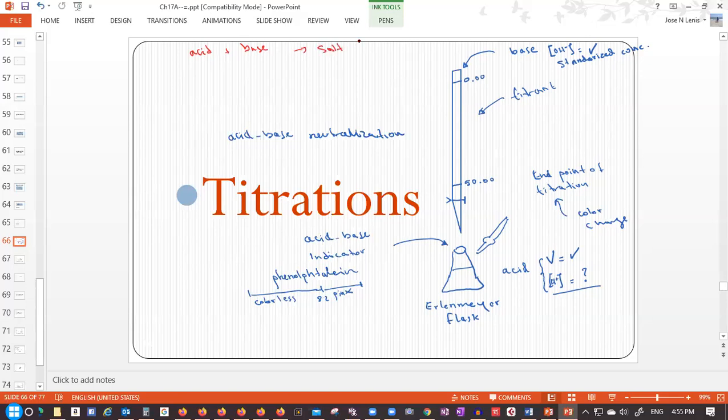Salt and water. That's the neutralization reaction. And what is the net ionic equation for an acid-base neutralization? H plus from the acid plus OH minus from the base to form water. This is what we call the net ionic equation.